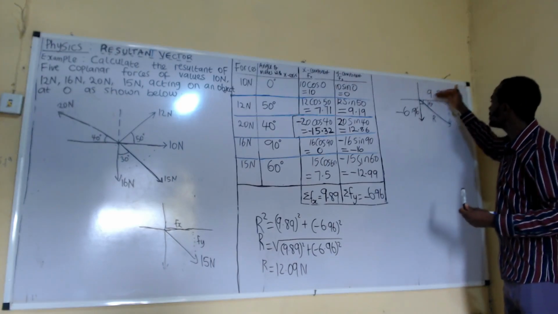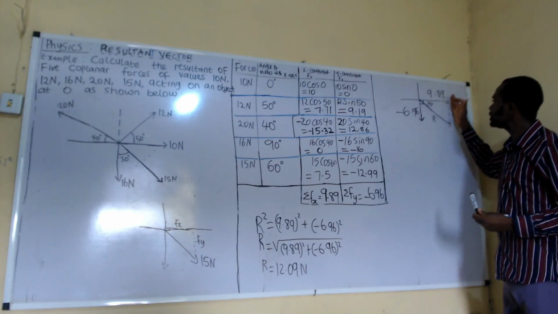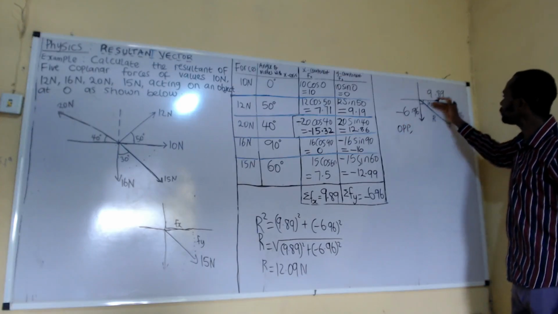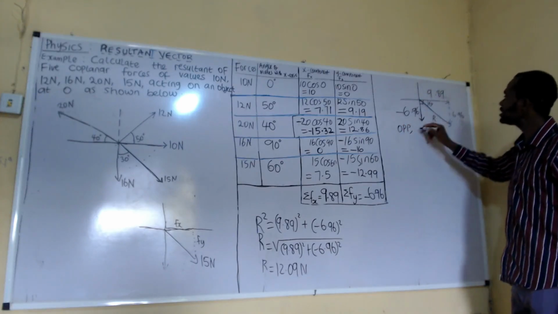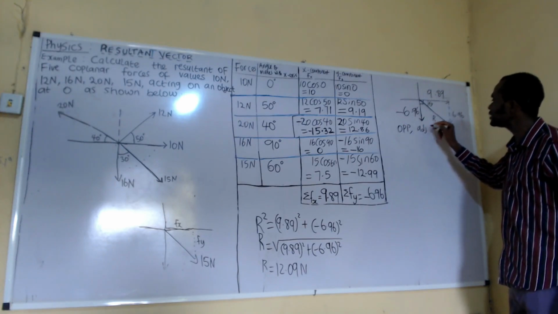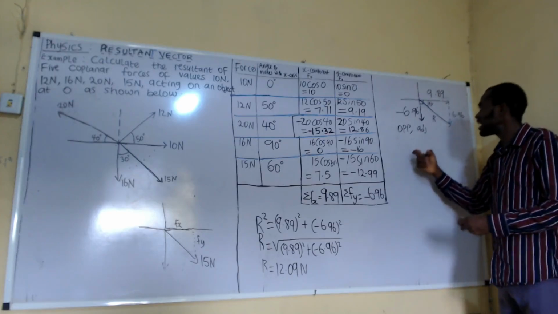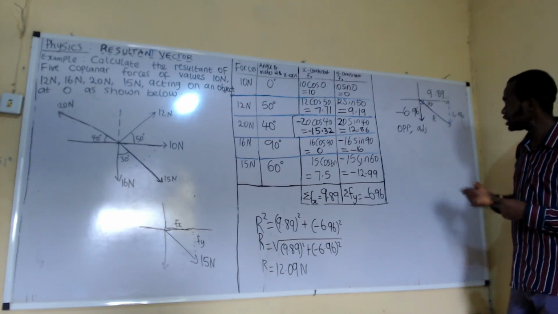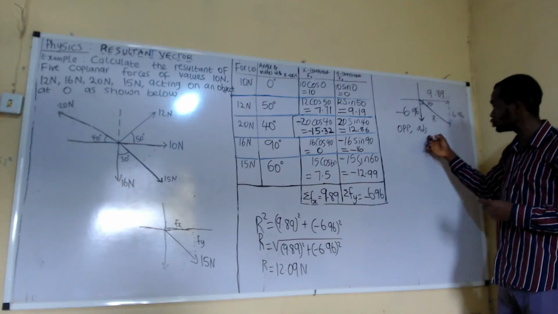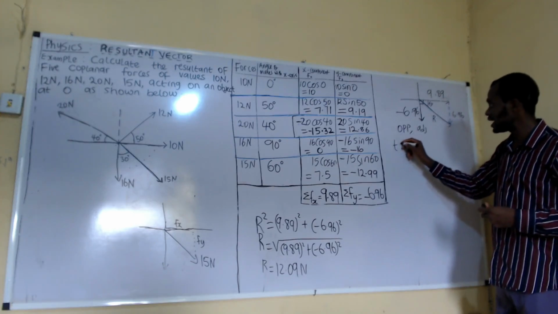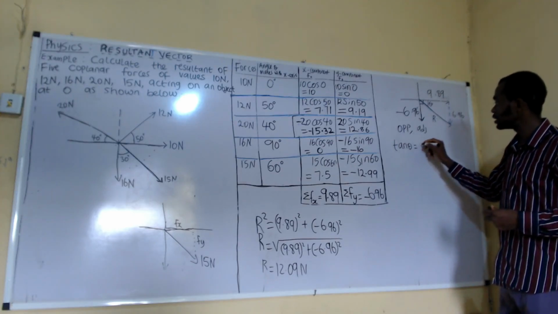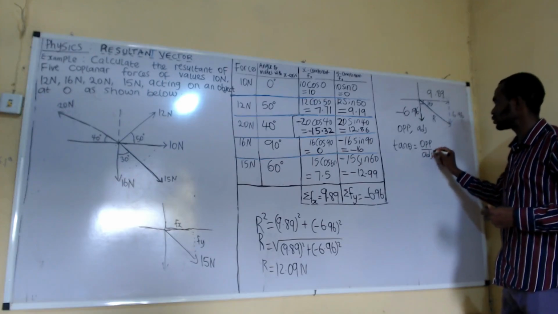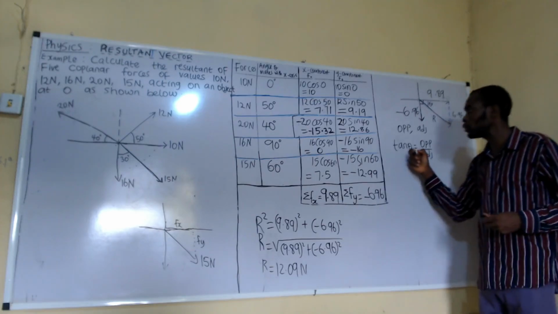So we also have this side. So with respect to this angle, this side is the opposite side. And with respect to this angle, this side is the what? Adjacent side. Because we have these two sides, the trigonometry ratio that we are going to employ is tan theta, which is opposite over adjacent, because we have opposite and adjacent, and we are looking for theta.